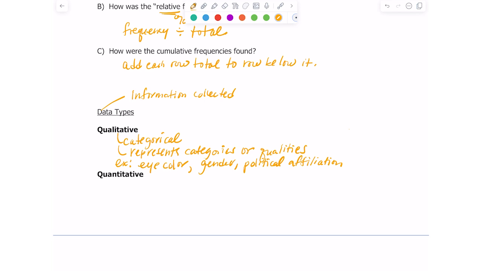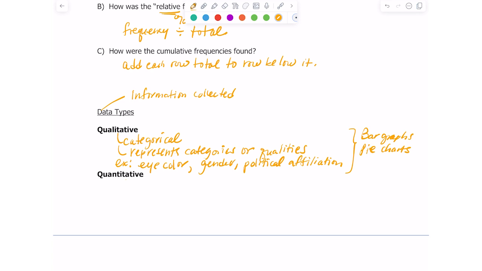It's categories, and the data just kind of falls in each category. When you have qualitative or categorical data, you can create graphs such as bar graphs, pie charts, also known as circle graphs. You can look at segmented bar graphs and so on.